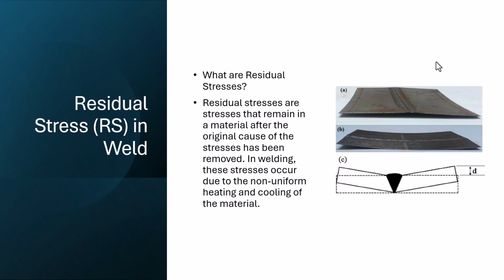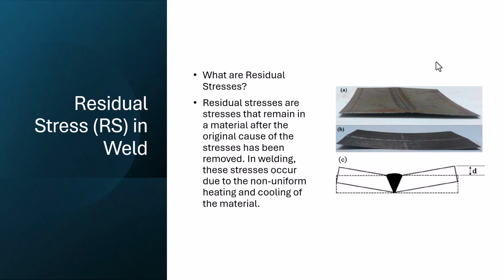So to kick off, what is residual stress? Residual stresses are the stresses that remain in the material after the welding is complete and the material has cooled down to room temperature.